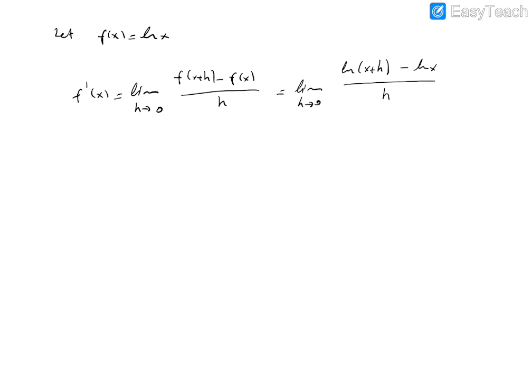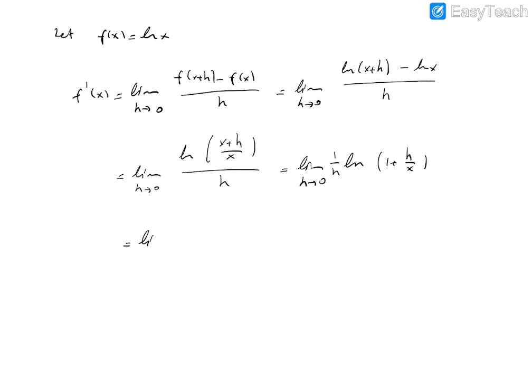So this implies the limit as h goes to 0 of ln of x plus h over x, over h. You can write this in the following form: the limit as h goes to 0 of 1 over h times ln of 1 plus h over x. So this is the limit as h goes to 0 of ln of 1 plus h over x, to the power 1 over h.